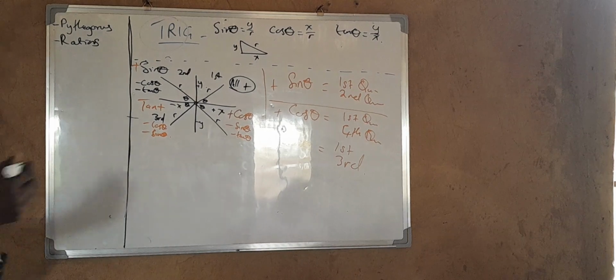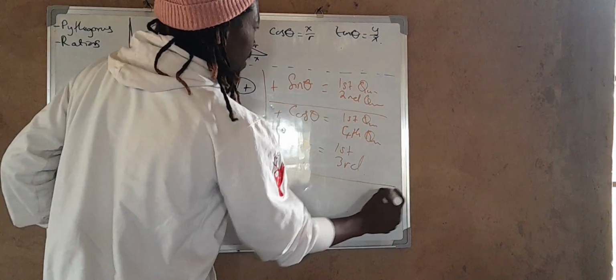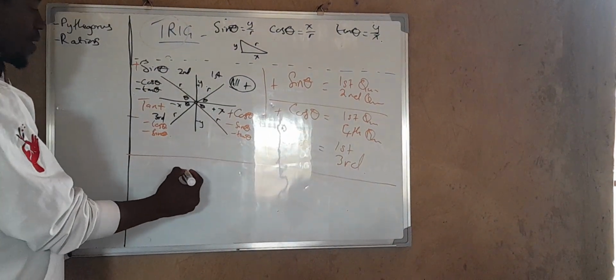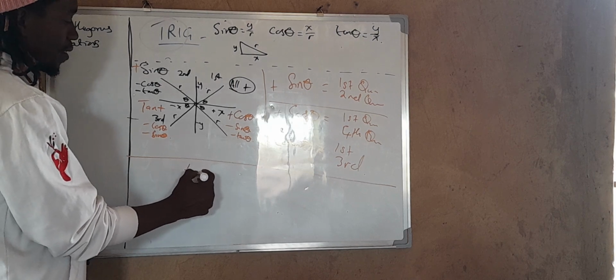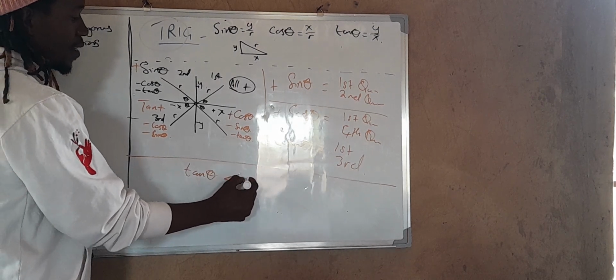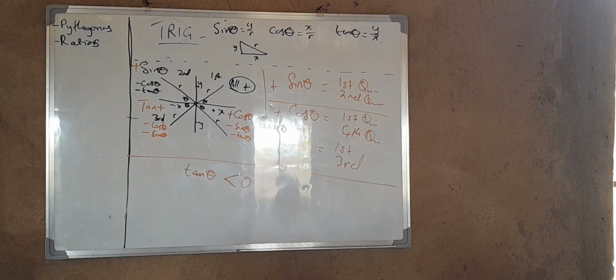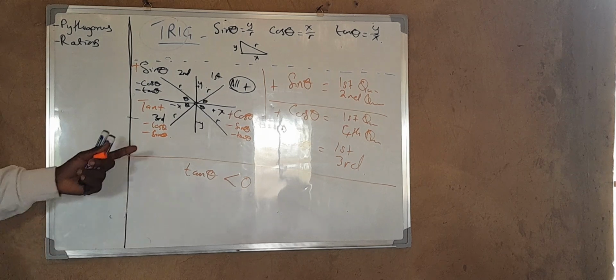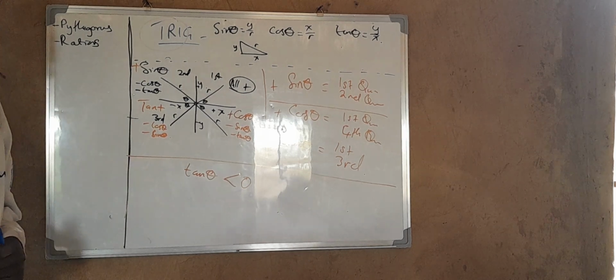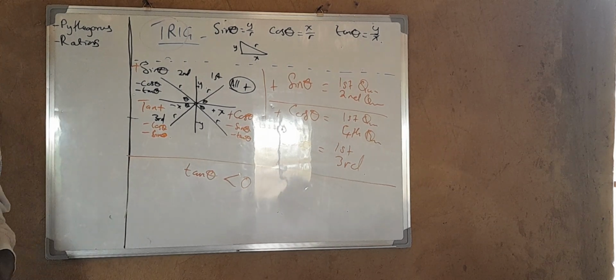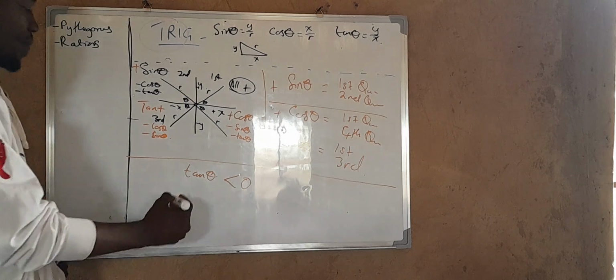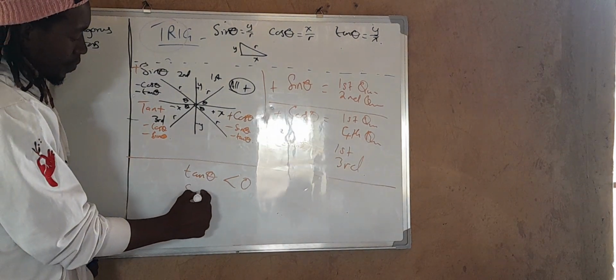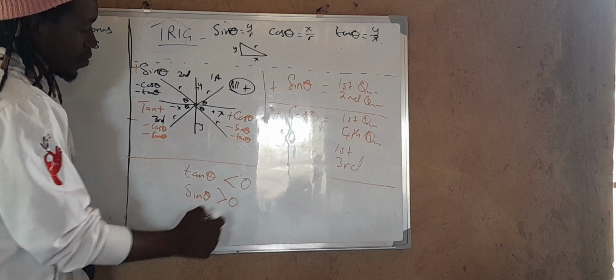So it means that if I give you something like this and I say, where is tan theta less than 0? Second and fourth. It is the second and the fourth quadrant. Tan is less than 0, right? And then if I say, what am I talking about?